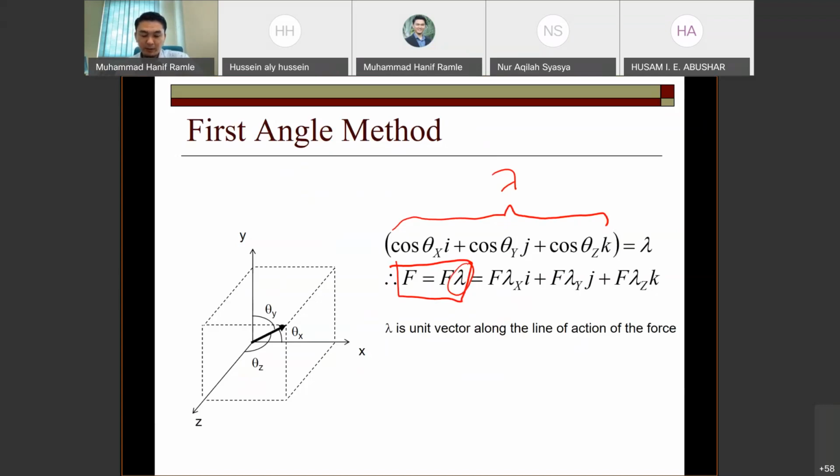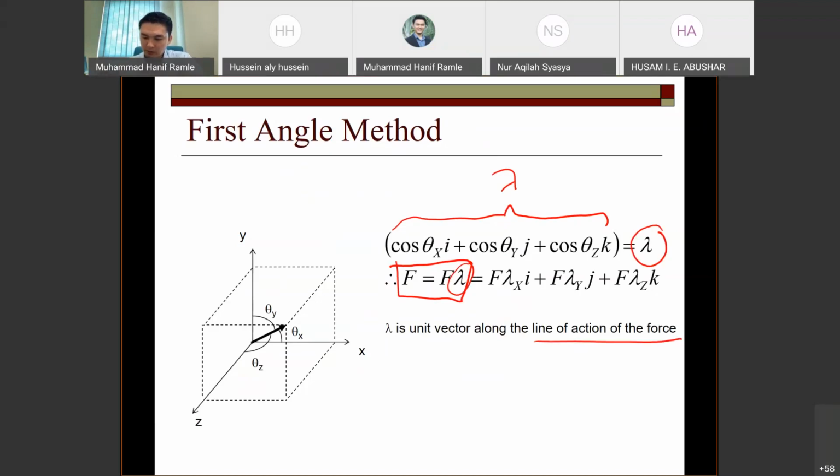Lambda is not necessary to use in any solution or any problem, but you have to remember it. Lambda is the unit vector along the line of action.